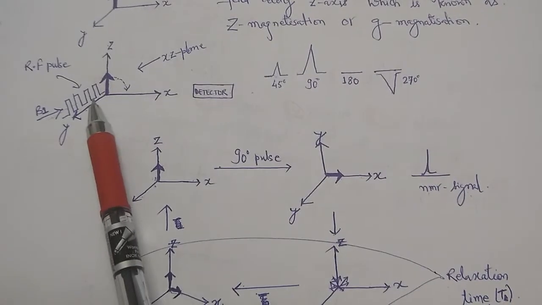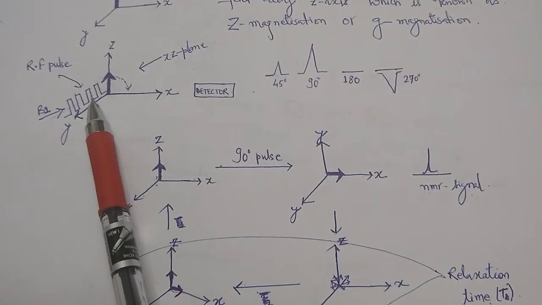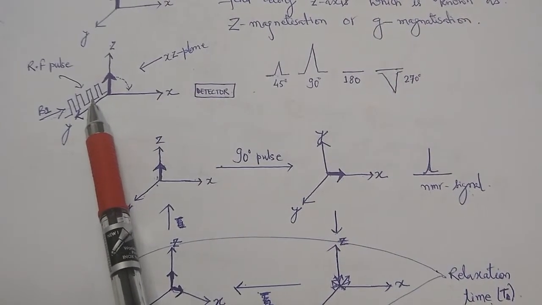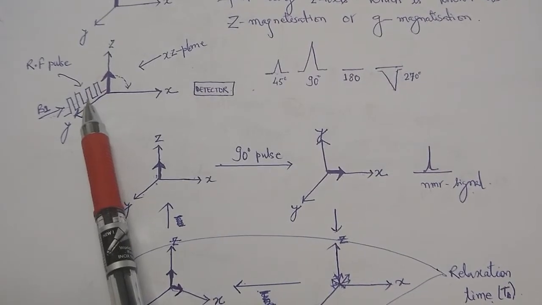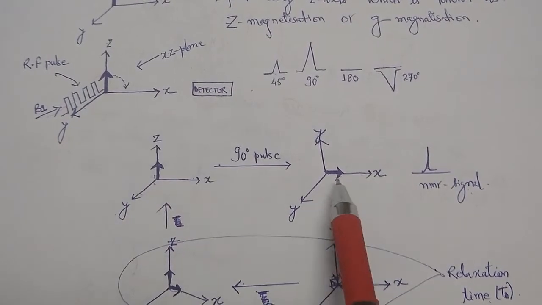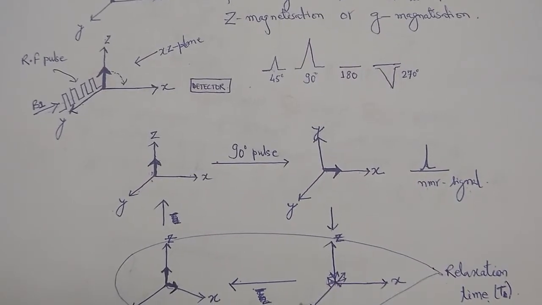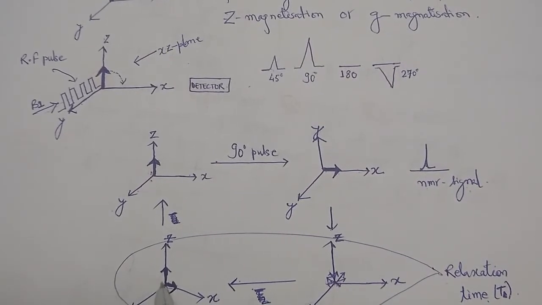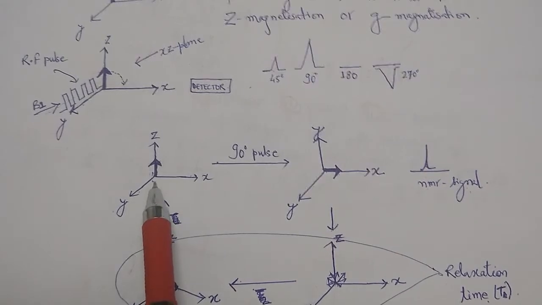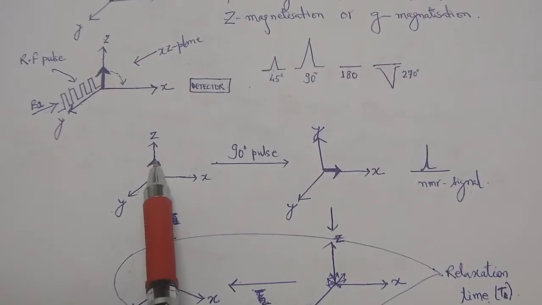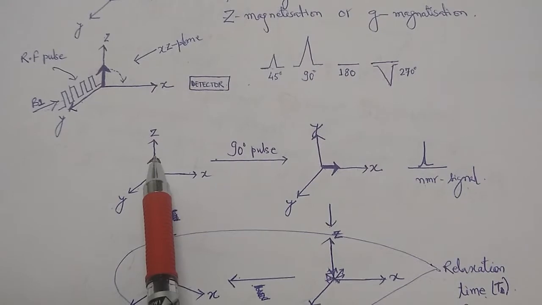Again there will be a pulse interval. There the relaxation process will occur. During this relaxation process, the magnetization will move back towards the Z axis.